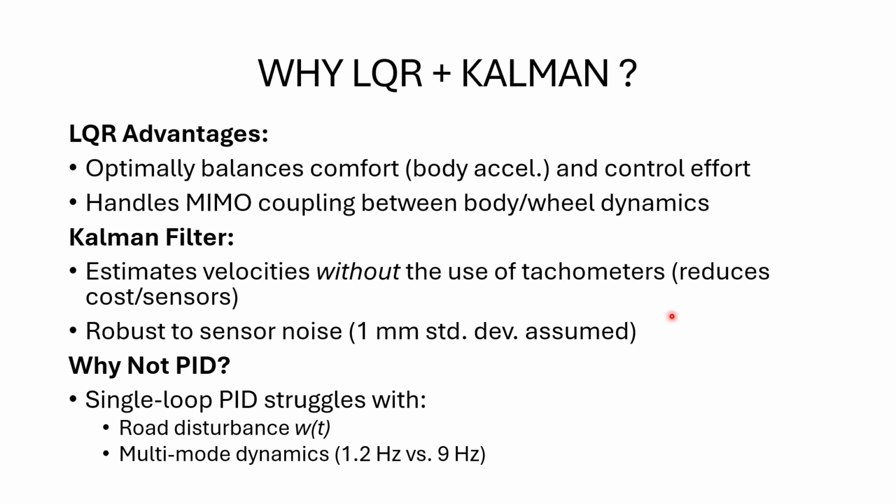So why not PID? PID was avoided because single loop PID struggles with road disturbances, and this project has a lot of inputs and multiple modes, so PID wouldn't be suitable for such a project.